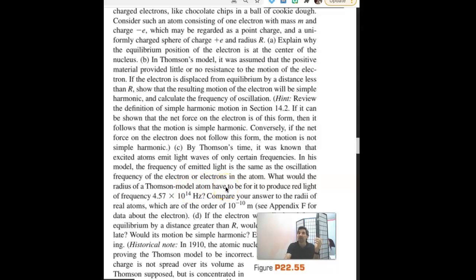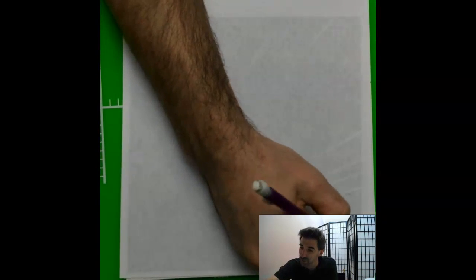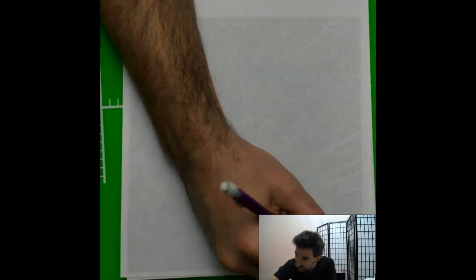So this is, well, it is just a plug and chug, but it really is an application of, holy cow, think of the amazing stuff that was going on at this time. Let's get to the piece of paper. All right, so to try and find the radius based on the frequency, let me just copy my frequency down from before.